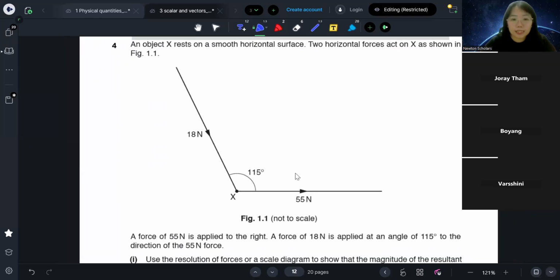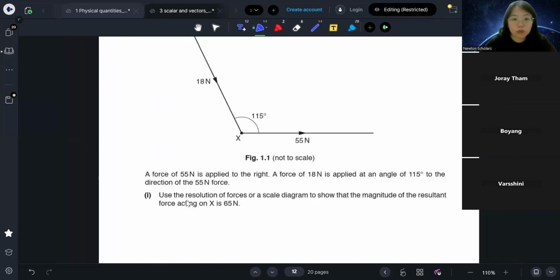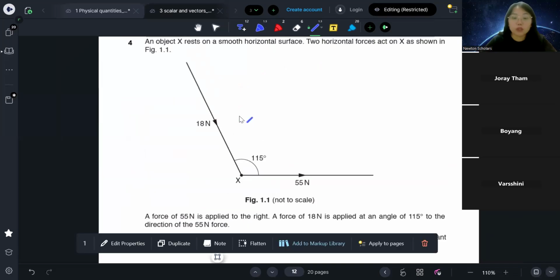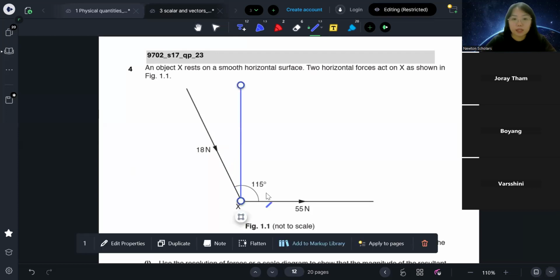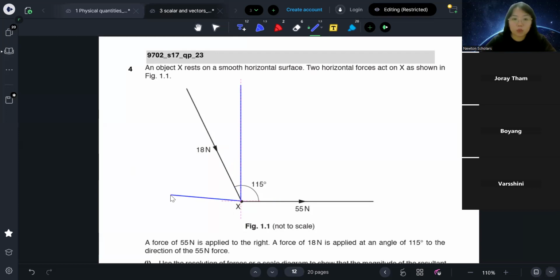The question here asks you to use resolution of forces, which is what we learned just now, splitting up the force. So which force should we split? The 18. The 15 and 5 no need. Okay, the 18 we split up. We can split it this way.